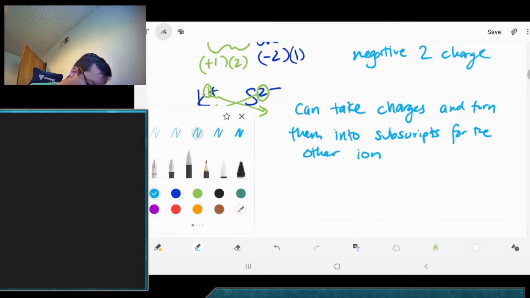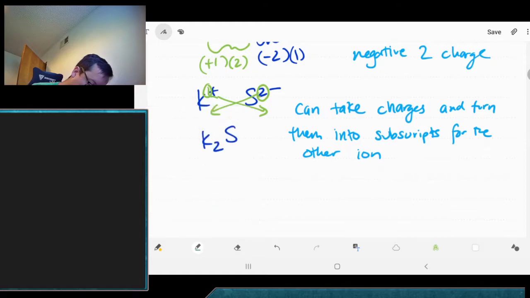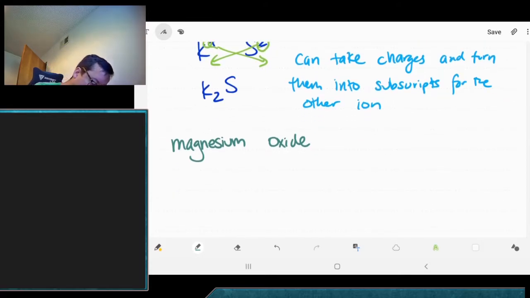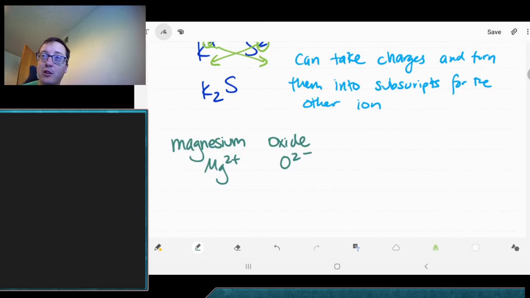How about another one? Let's do magnesium oxide. Again, we're going to need to recall that magnesium is Mg2+. An oxide is O2-. Again, just looking at their preferred charges.